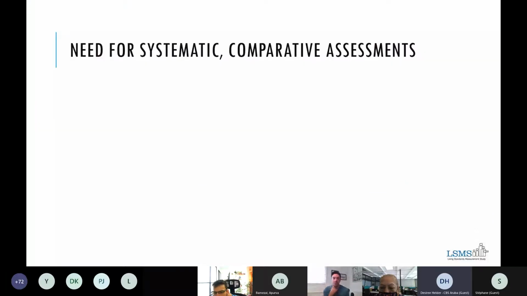So in general, looking at this rich body of experiences, I see a need for systematic comparative assessments. And what I mean by that is that clearly in these case studies, once we go into the details about the survey tools and the fieldwork protocols, there is quite a bit of heterogeneity in the survey design decisions that underlie excess mortality estimates.